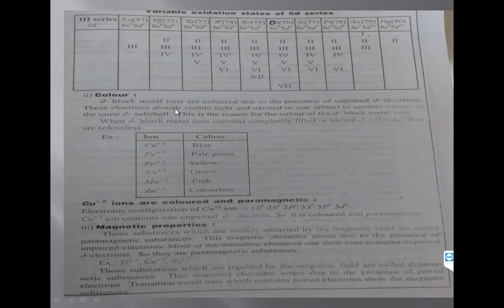These electrons absorb visible light and get excited from one orbital to another orbital in the same d subshell. This is the reason for the color of d block metal ions.